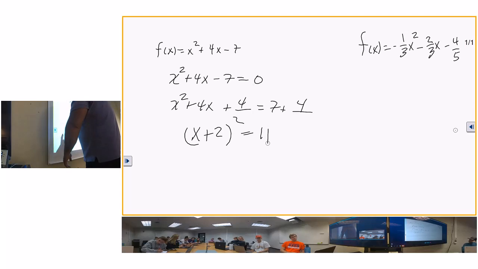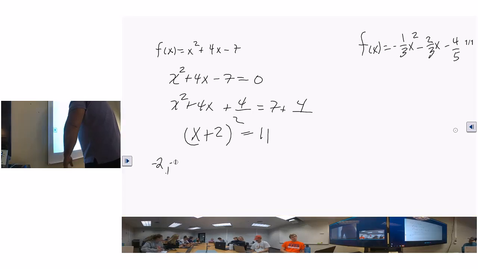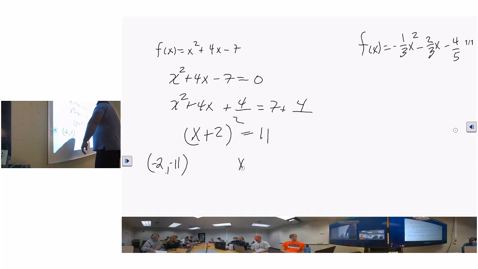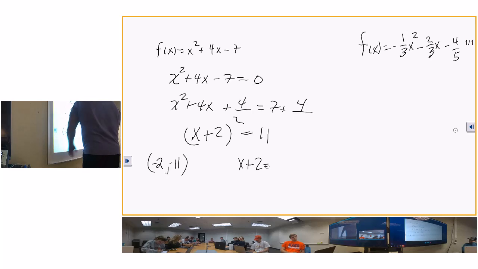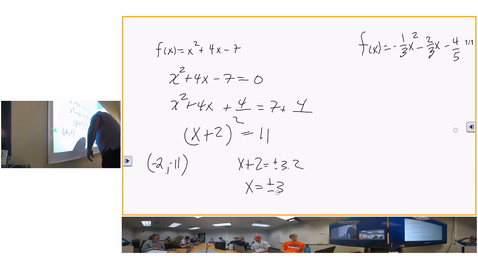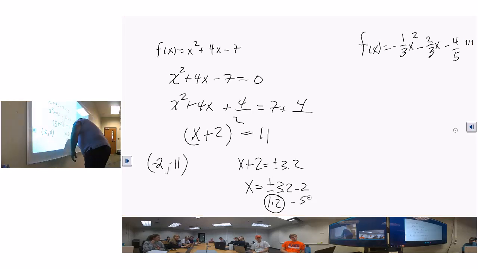Then we've got the vertex is negative 2, negative 11. Now we solve. The square root of x plus 2 is equal to the square root of 11, which is around 3.2, positive or negative 3.2. x is equal to positive or negative 3.2 minus 2, which is 1.2, and negative 3.2 minus 2 is negative 5.2.